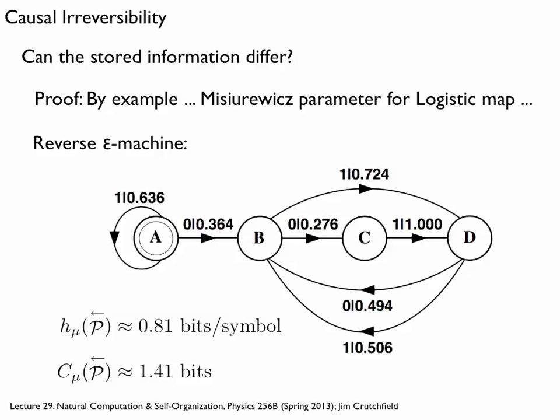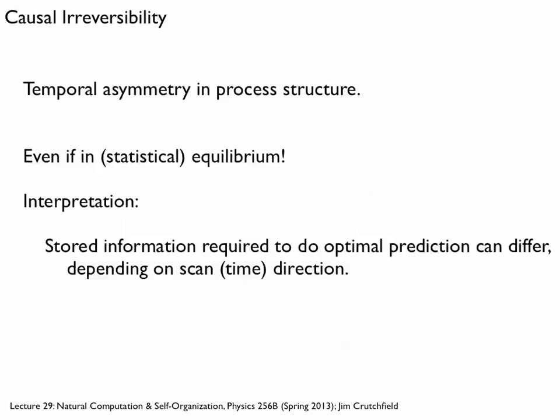Just a numerical check of our theorem: the entropy rate's the same, about 0.8 bits of uncertainty per reverse step, but then the statistical complexity is lower, about a third of a bit lower. Okay, so this is proof by just one example.